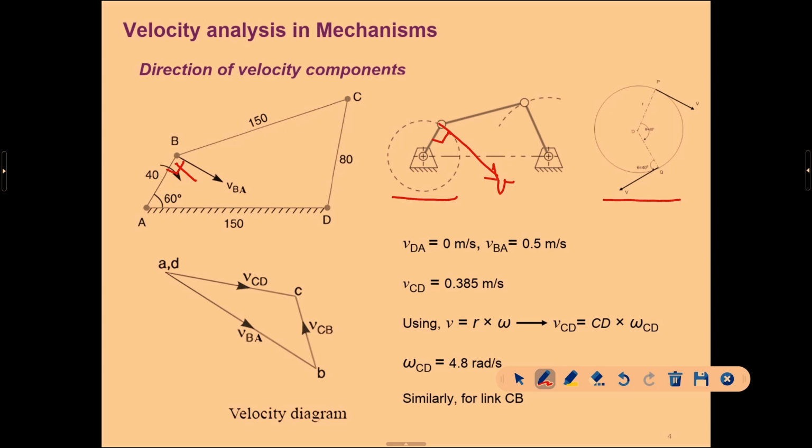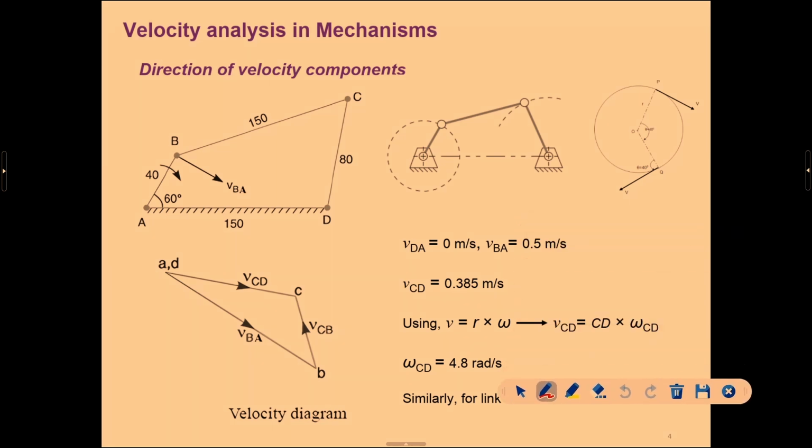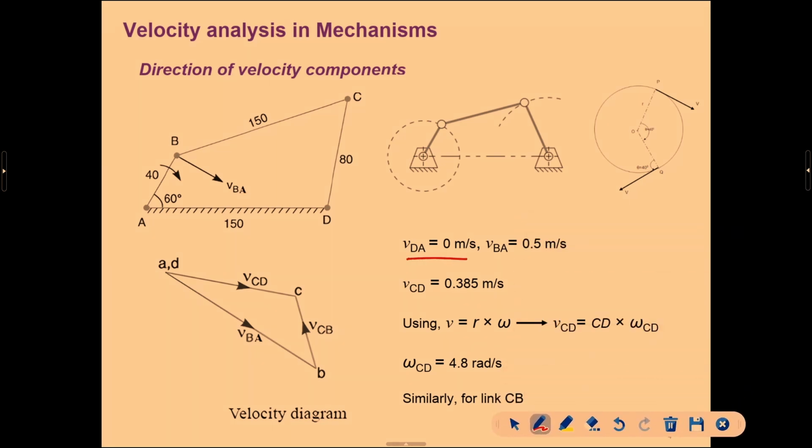So the direction of B with respect to A is fixed, whereas there is no direction for AD since it is 0. We will start drawing the velocity diagram. Now, velocity of D with respect to A is 0, and velocity of B with respect to A is 0.5 meters per second. Additionally, I have a direction as well for velocity of B with respect to A.